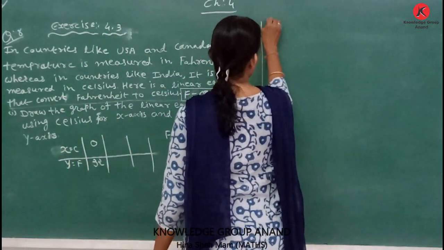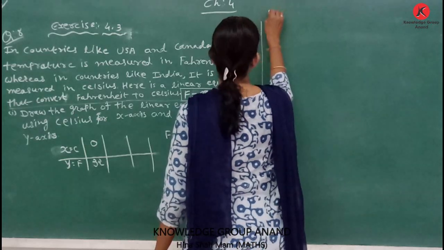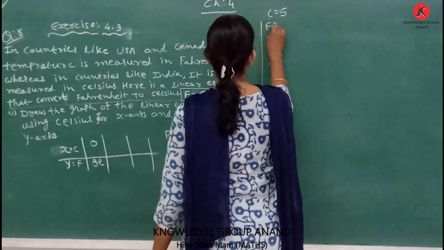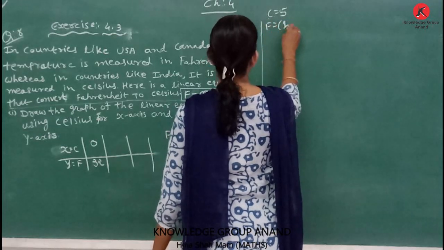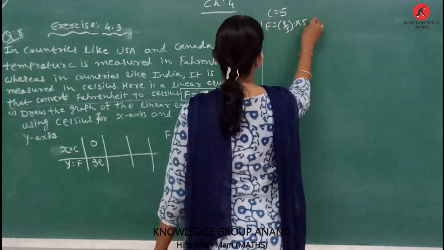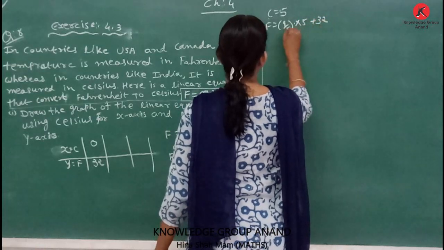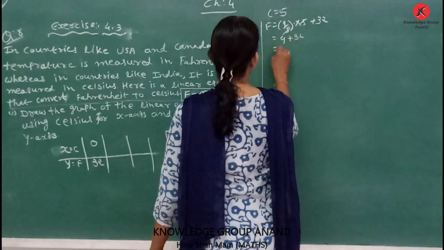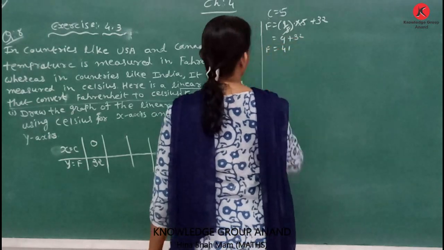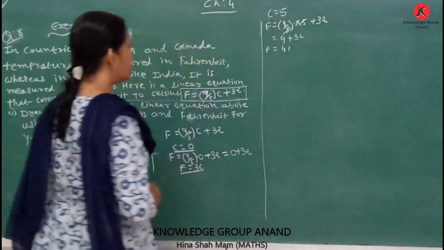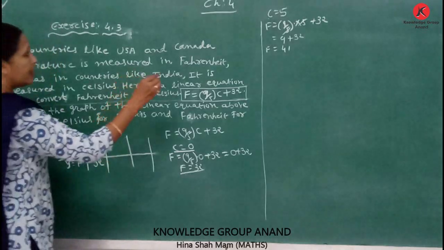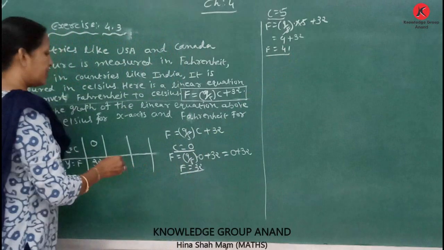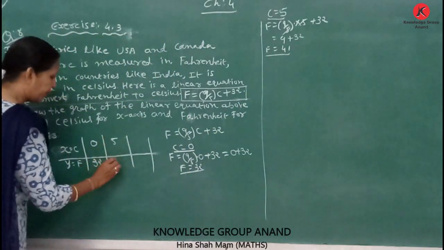Taking C is equal to 5, then F is equal to 9/5 into 5 plus 32, which is 9 plus 32, equal to 41. F is equal to 41. Here we take C is equal to 5, F is equal to 41.